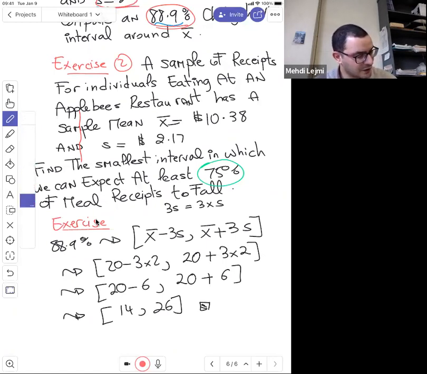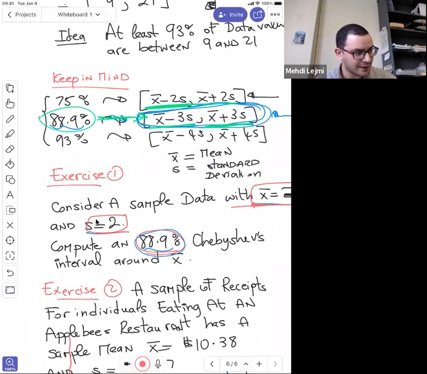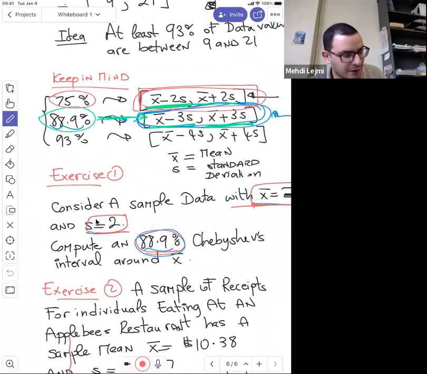So in exercise 2, you see the percentage is different. In exercise 1, the percentage is 88.9. In exercise 2, the percentage is, as you can see, 75%, right? So for 75%, the corresponding interval is not the same. It's different from 88.9. For 75%, the interval is x bar minus 2s, x bar plus 2s.